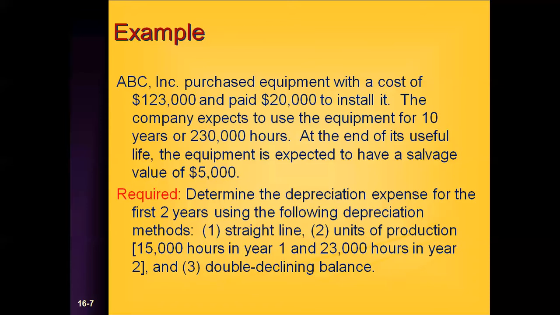At the end of the useful life, the equipment will have a salvage value of $5,000. So what's being asked here is that you determine the depreciation expense for the first 2 years using the various methods of depreciation: straight line, units of production, and the double declining balance.